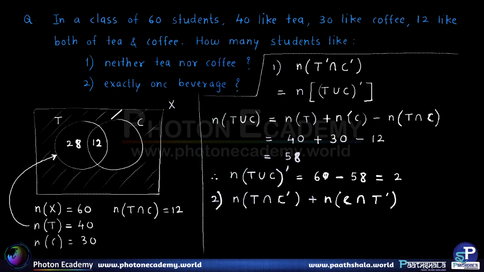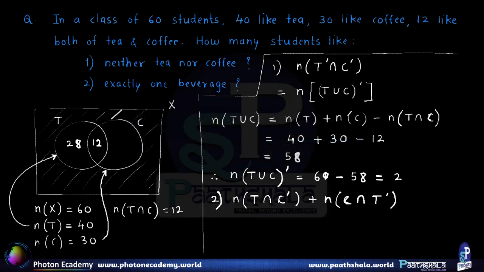Similarly, if we see the total number of people who like coffee is given to be 30. Out of these 30, there are 12 people who like tea also. So therefore the number of people who like just coffee but not tea is nothing but 30 minus 12, and that is nothing but 18. So therefore let us write here 18.